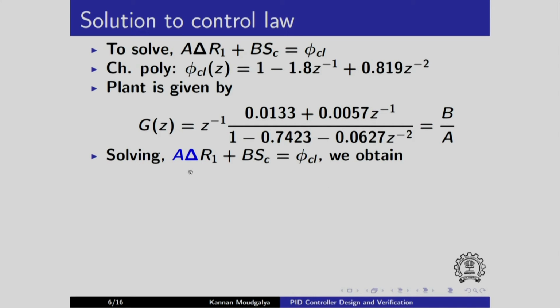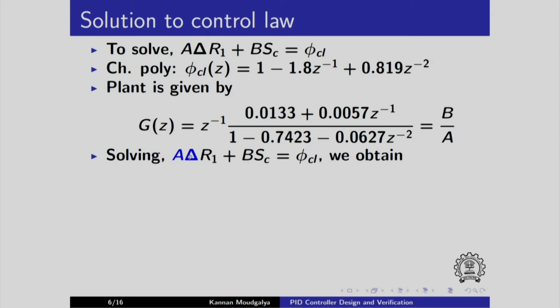Now let us solve the equation A delta R1 plus BSC equals phi CL. While solving this, note the unknowns and the known values. The plant is given by B and A, so A and B are known. Phi is also known because that comes from transient specifications.